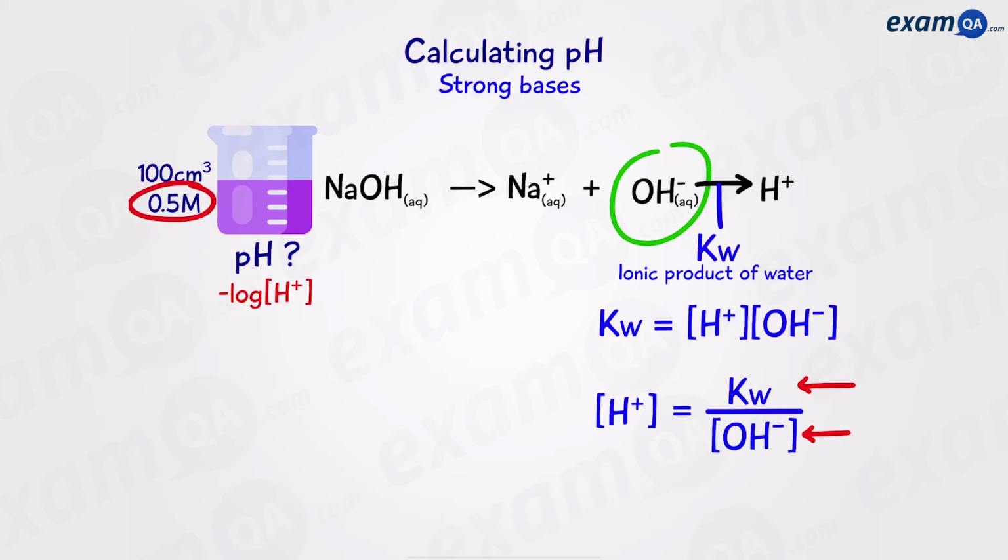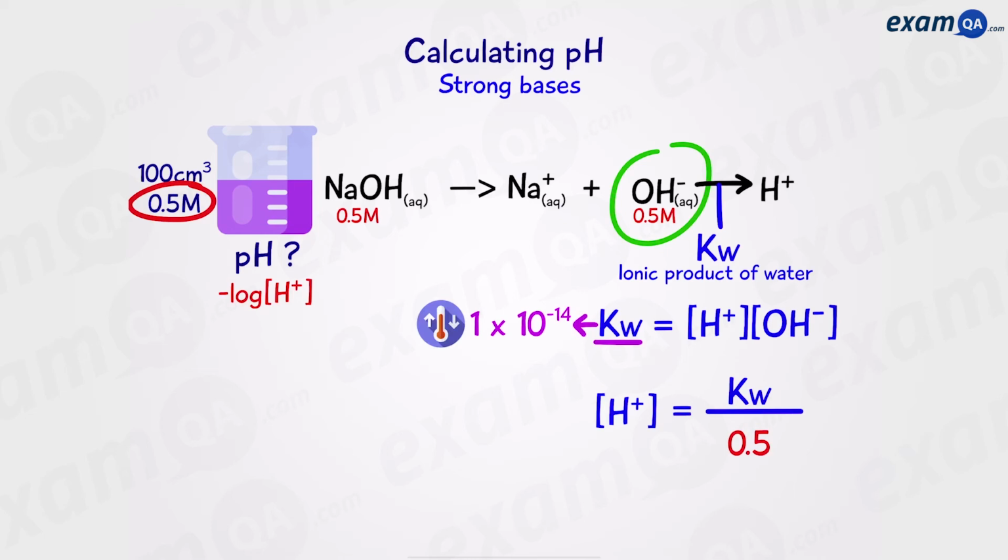Since the solution had a 0.5 molar sodium hydroxide, that means the concentration of hydroxide ions will be 0.5 molar. Perfect. Now as for Kw, the value is always going to be 1 times 10 to the minus 14 at 25 degrees Celsius.